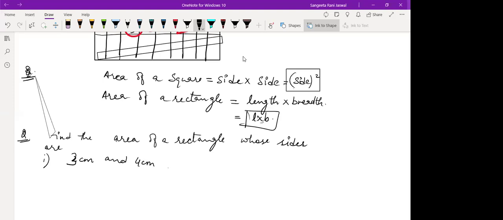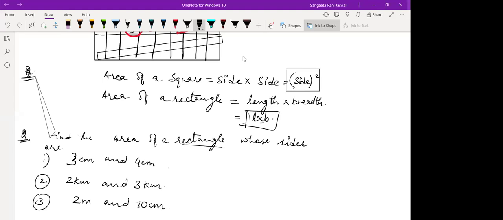Please find out the area of the rectangle. Next, I am giving you 2 kilometer and 3 kilometer. Third one, I am giving you 2 meters and 70 centimeters.